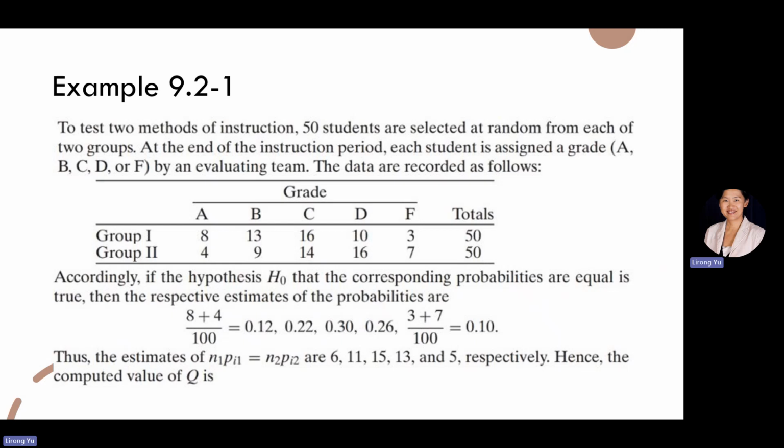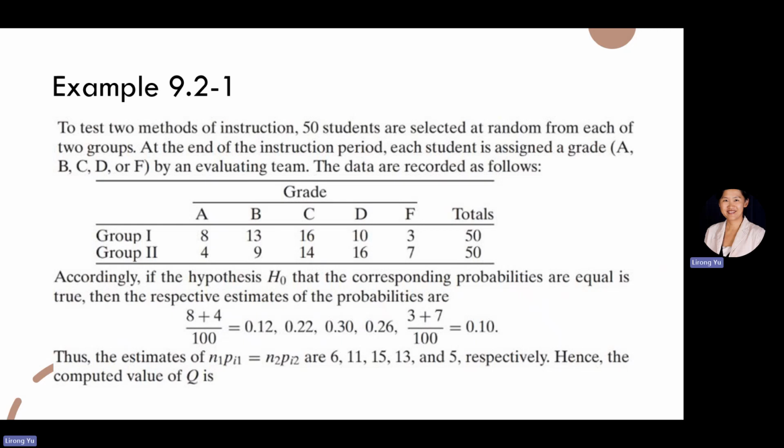Let's see if that sounds right. That's right? So out of 50, 12% of 50 is 6. Now for this box, for group 2, the A is 50 times 0.12, that's supposed to be 6 as well, if the distribution for both of them are right.